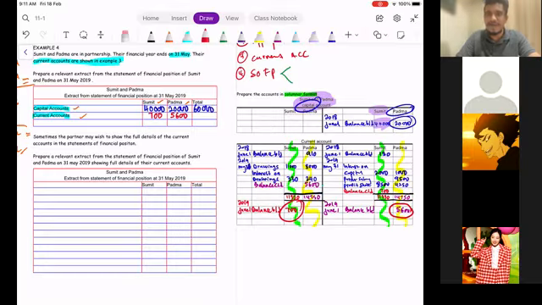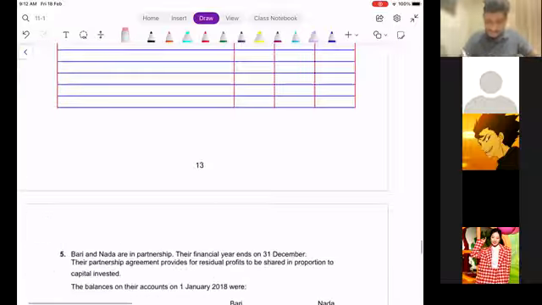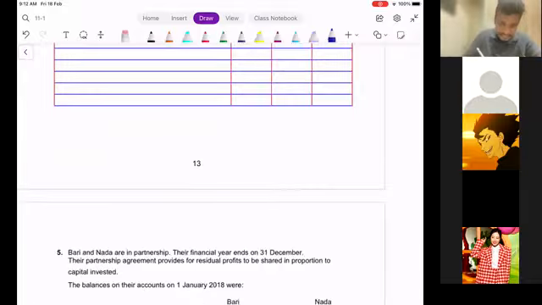Not really correct. Why not? Because if the current account is on the debit side, a debit balance means it's a negative balance. Let me explain the difference between current account debit and credit balance.